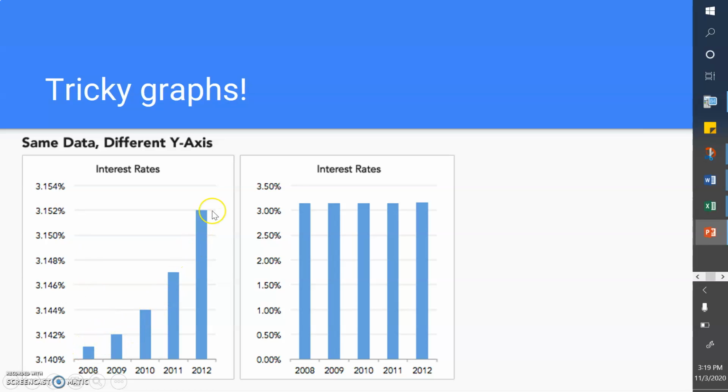It looks like things are going up and to the right. But if you scale this to go from 0 to 3.5%, it looks like nothing's changing over time. And that's the thing. This looks like, well, this is a big drastic change. When really, look at it in perspective here. This is about the same as normal. This is not a big change, right?